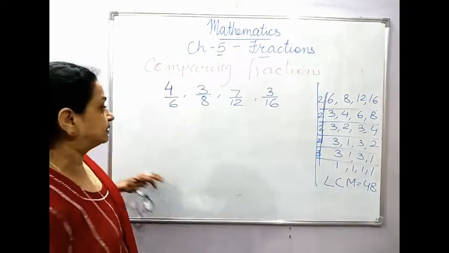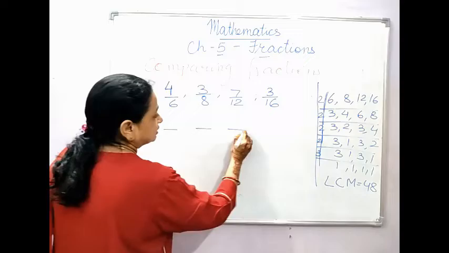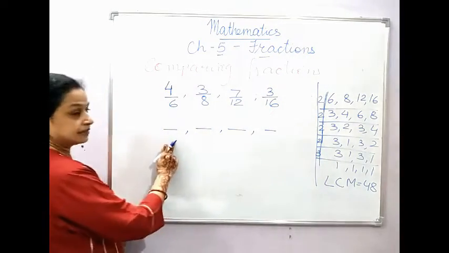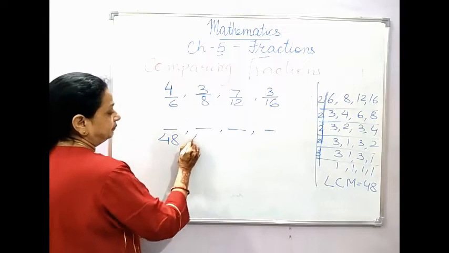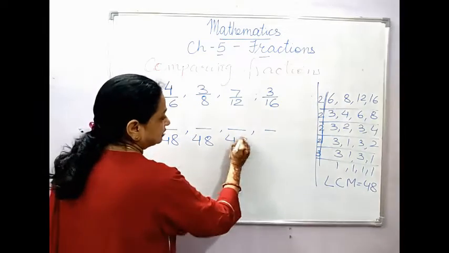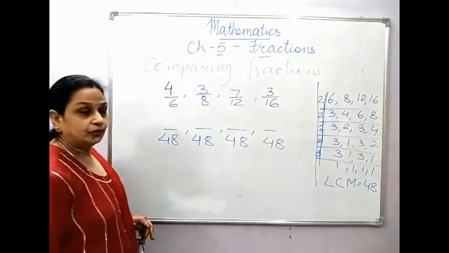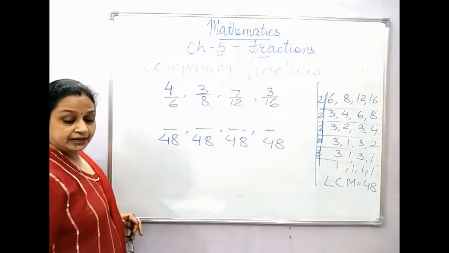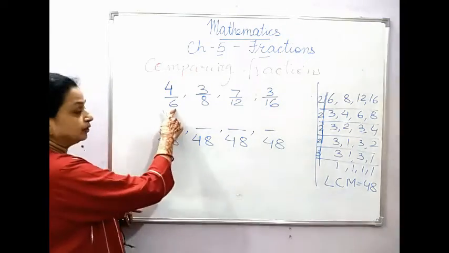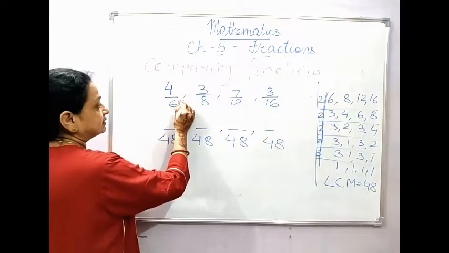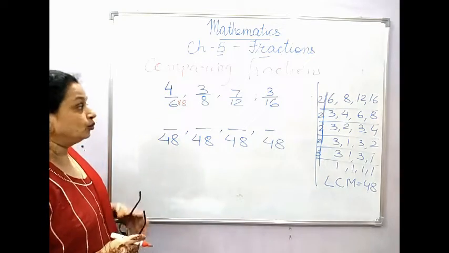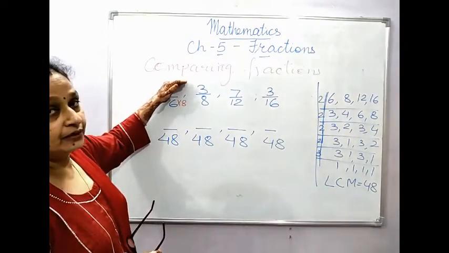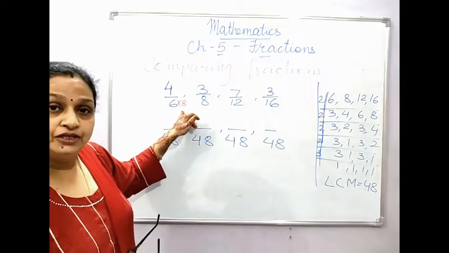Once you have taken out the LCM, there are 4 fractions, you can do it like this. Write down the LCM in the place of the denominator in all the fractions. Now you will search this denominator and this. Where does this 48 come in the table of 6? 6 8s are 48. And you know, when we find the equivalent fraction, we multiply the numerator with the same number which we are multiplying with the denominator.